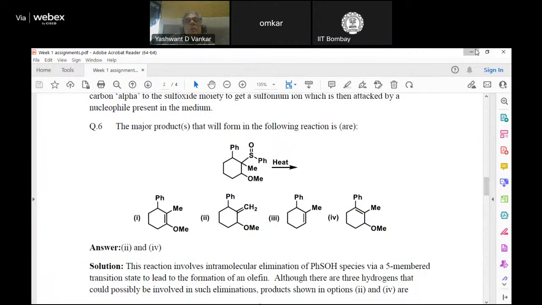In a similar fashion, once you start looking at C-C bond formation, then one can think that you carry out, for example, a Wittig reaction, and the Wittig reaction gives an alpha beta unsaturated ester. Now you reduce the ester, leaving the double bond as it is, and then you have an allylic alcohol.